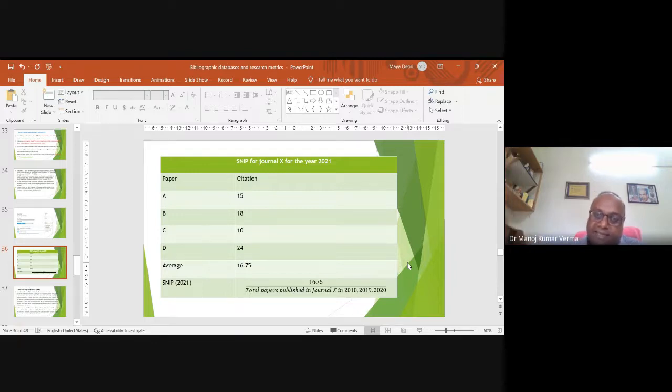So for those 48 articles, maybe some paper has 0 citations, maybe some paper only 3 citations, maybe one paper 10 or 20 citations. So we have to make the average of those citations, and divide by how many papers DJLIT published in the last 3 years, and that value will be their SNP value.